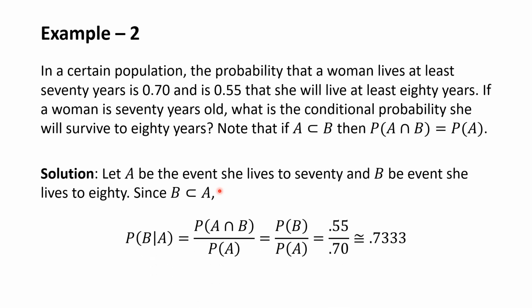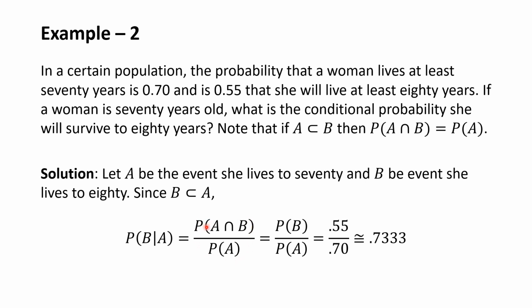And then we'll use our definition of conditional probability. We want the probability of the lady living to 80, given that we know she's lived to 70, so that's the probability of B given A. And then we just use our formula here.